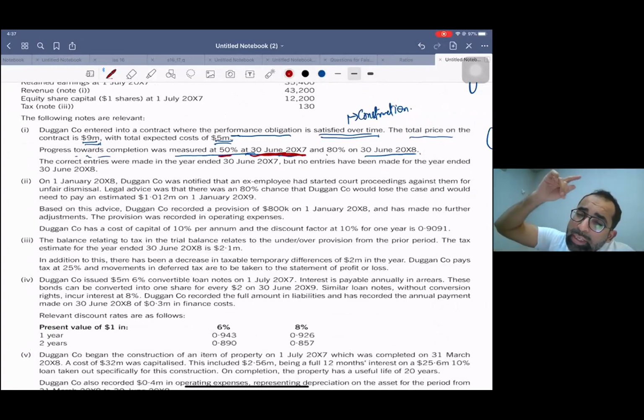That means this project was started last year. So whenever you get such questions, you need to make the P&L using the difference of two as at P&L.